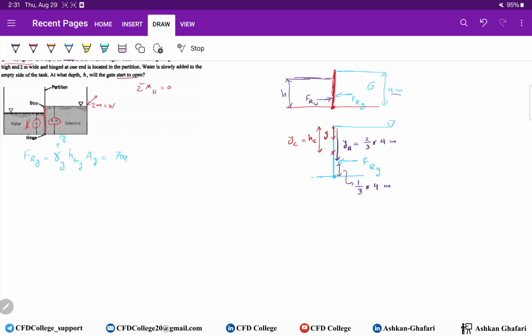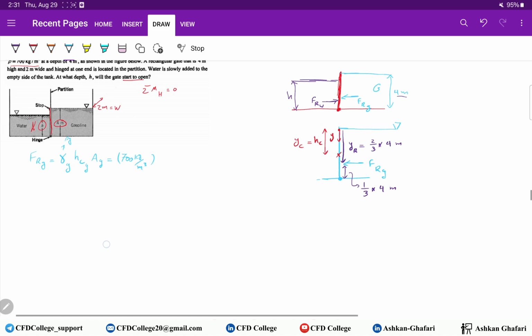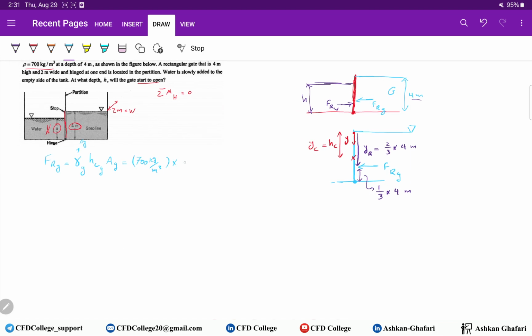So 700 kilograms per cubic meter times gravity 9.81 meters per second square times HC, which is the middle, 4 divided by 2 meters, and the area of the gate, 4 meters, the depth, times width W, 2 meters.